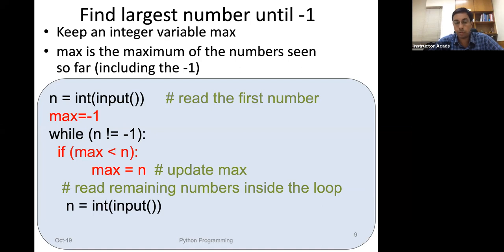So max equal to n. And now I'll read one more number until I see a minus 1. So I keep track of the maximum number I've seen so far inside the variable max, and as and when the user enters a number, you see whether it is greater than the previous maximum, and then you update.